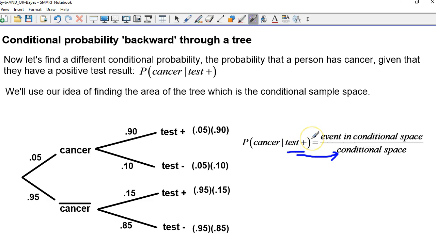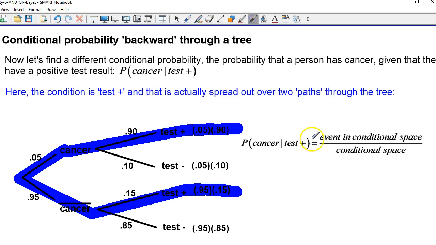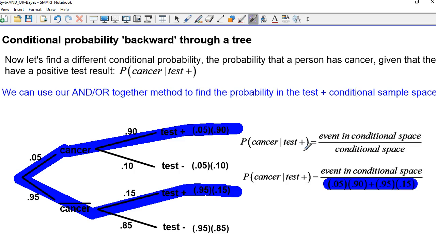Where is the test positive? So the test positive means that there's a portion of the tree, but it's actually kind of spread out in different paths. So really these two entire paths here represent the conditional sample space of the test being positive. So if I want to say, okay, the denominator here is going to be whatever the probability is of being in that conditional space.